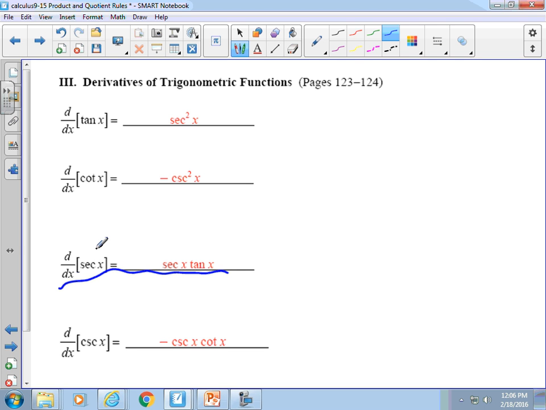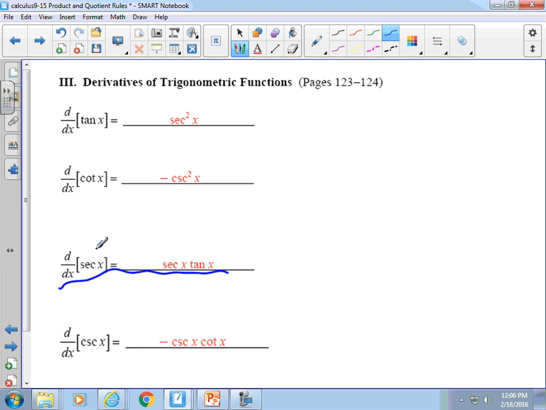The derivative of tangent is secant squared. The derivative of cotangent is negative cosecant squared. The derivative of secant is secant tangent, and the derivative of cosecant is negative cosecant cotangent. Really quick mental note. If the trig function has a co in the front, its derivative is negative. To help you memorize which ones are which.